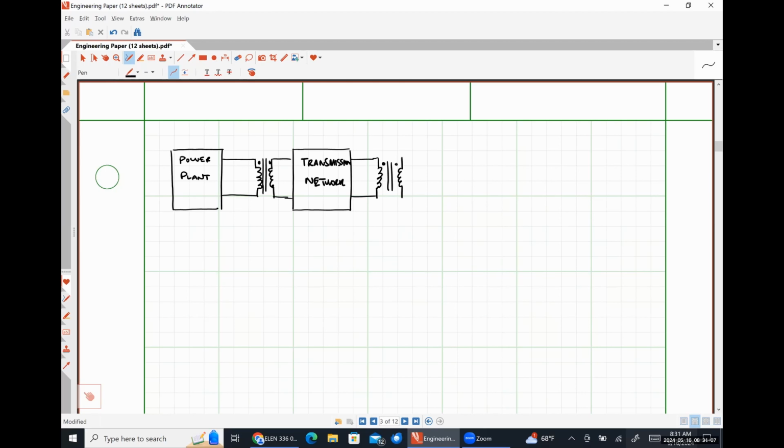We will typically wind up having to step that back down to something smaller. Sorry, I drew that. So here would be our distribution network.